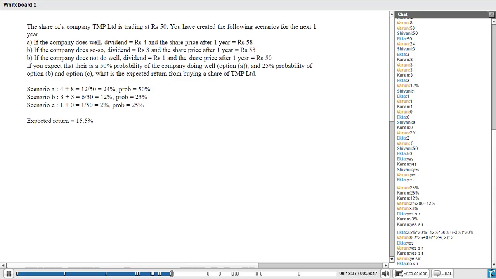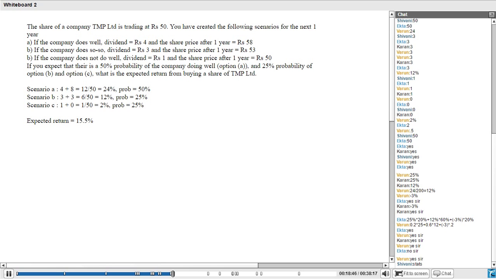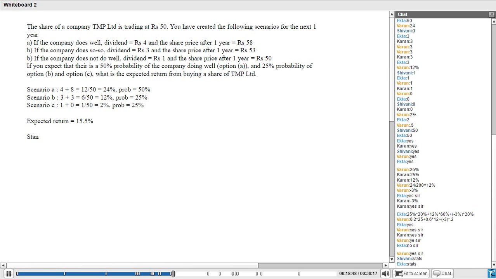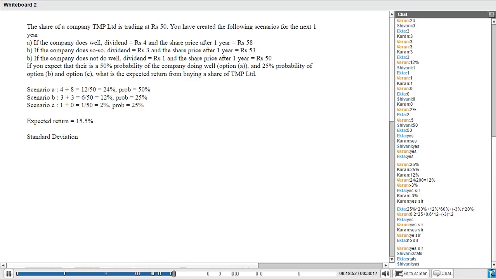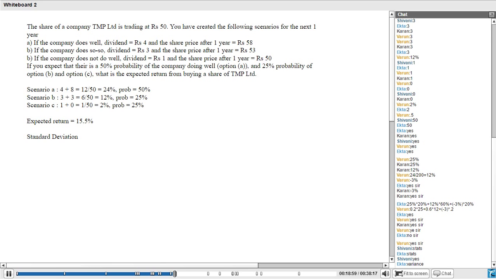Have all of you studied standard deviation in your previous courses in school? Yeah, in stats. So what is the square of standard deviation known as? Yeah, variance.